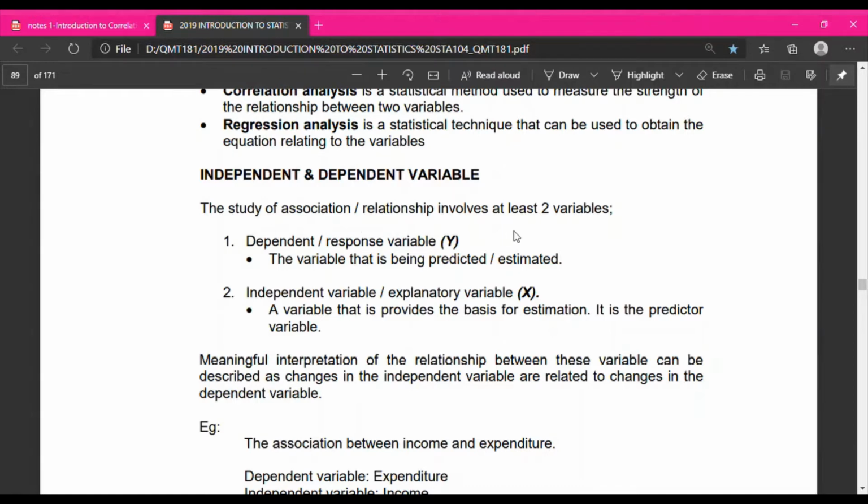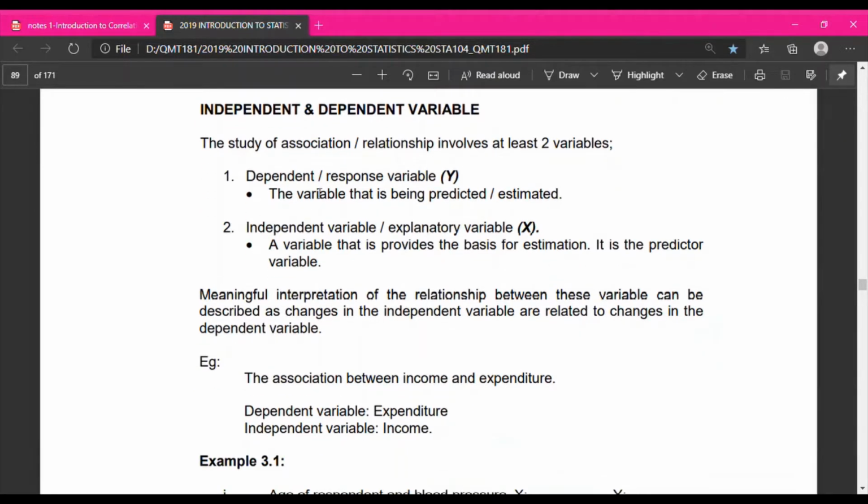Okay, we have two variables. To study the association ataupun relationship between the two variables, it involves at least one dependent variable and one independent variable. So what is dependent variable?